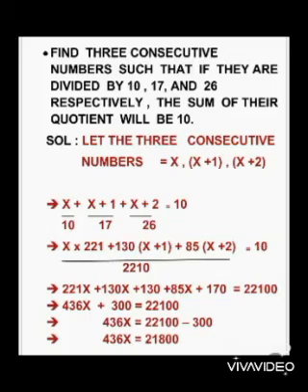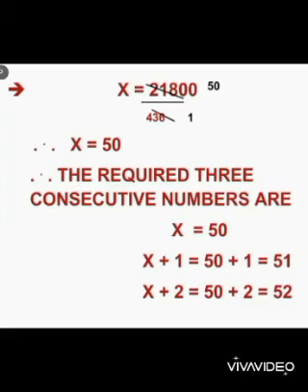Okay, now let us transpose 300 to the right hand side. Then you will get minus 300. So 436x is equal to 22,100 minus 300. So 22,100 minus 300 is how much here? 21,800. So you will get 436x is equal to 21,800. So children, you have to find out the value of x here.